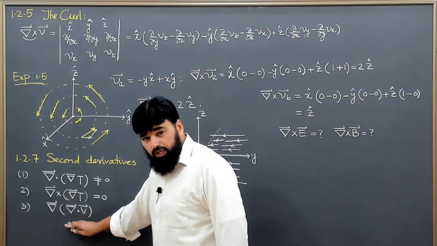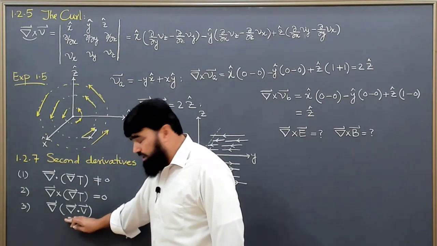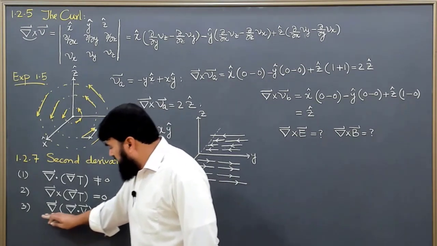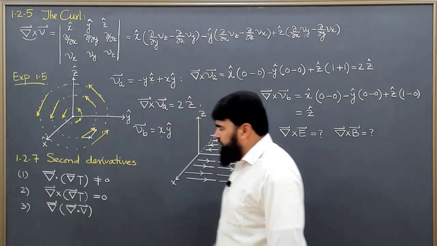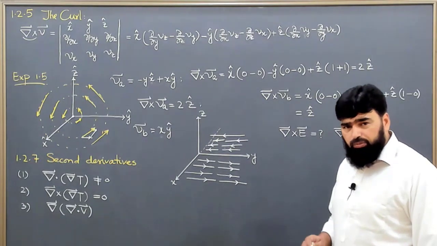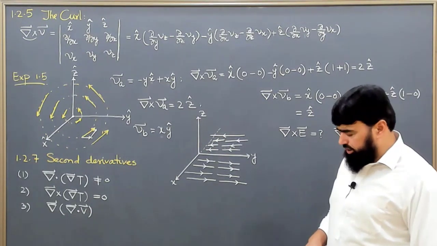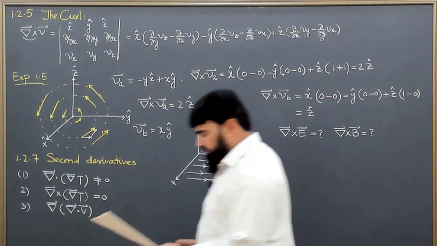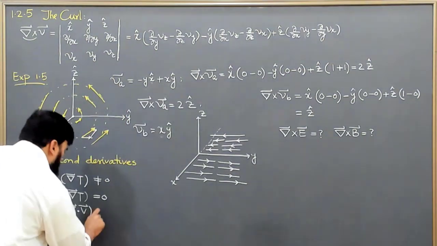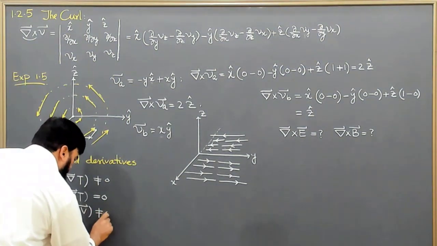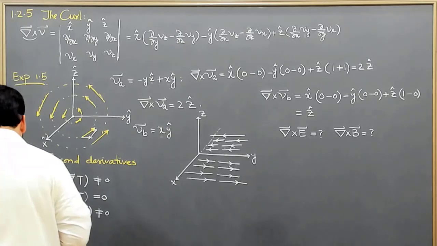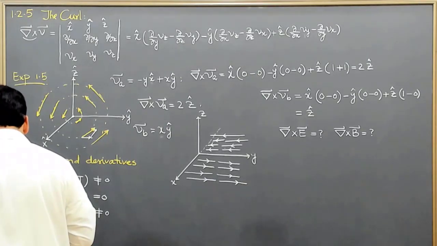It will just be a number, a scalar field, and then how much it is changing in a specific direction will give us a non-zero thing. It will not be 0. It is meaningful to have this thing.